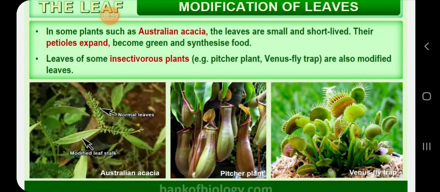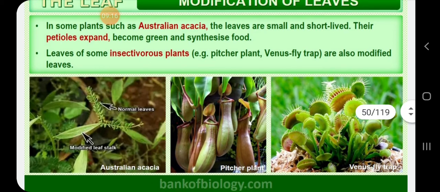In some plants such as Australian acacia, the leaves are small and short-lived. Their petioles expand and become green and synthesize food. So leaves, here you can see they become very tiny, right? And these are modified and they become green, which are responsible for synthesizing the food.